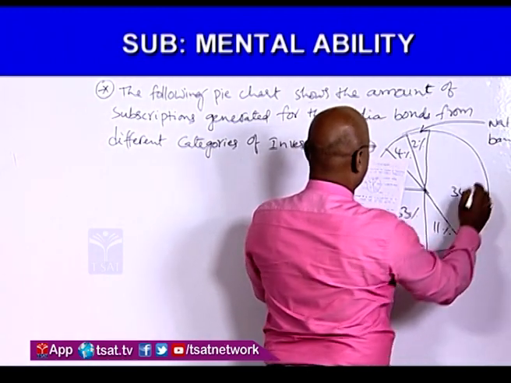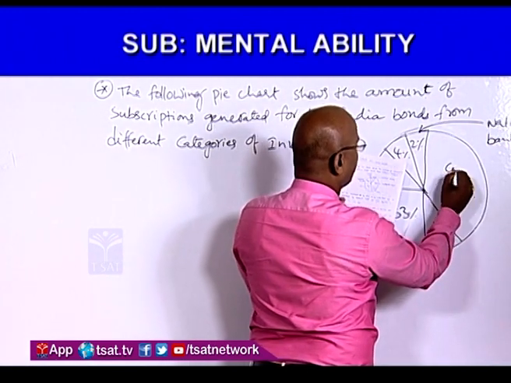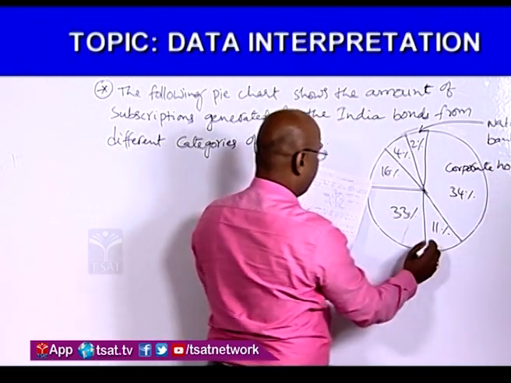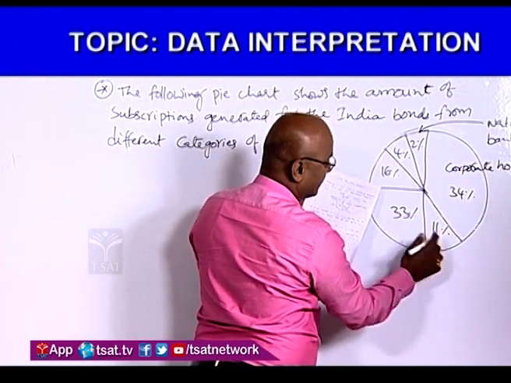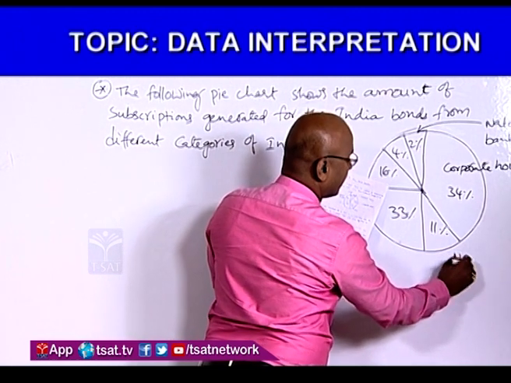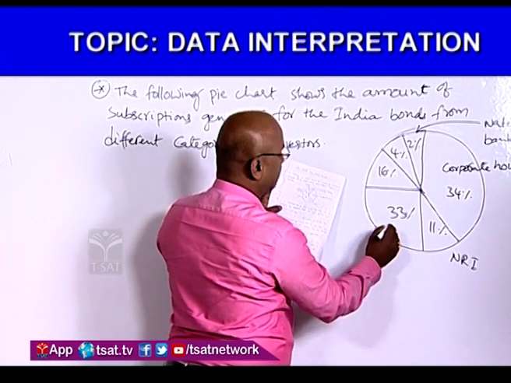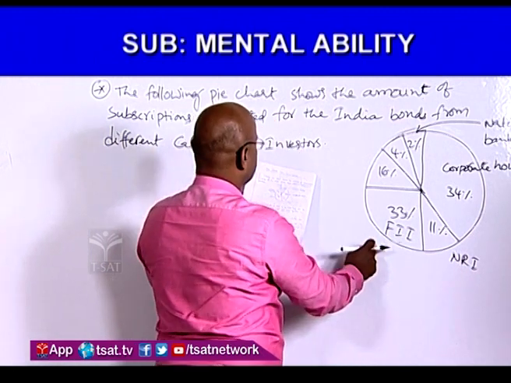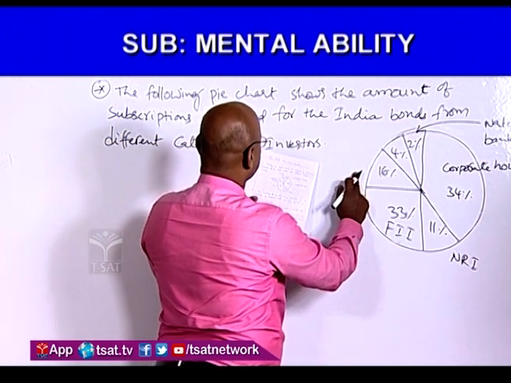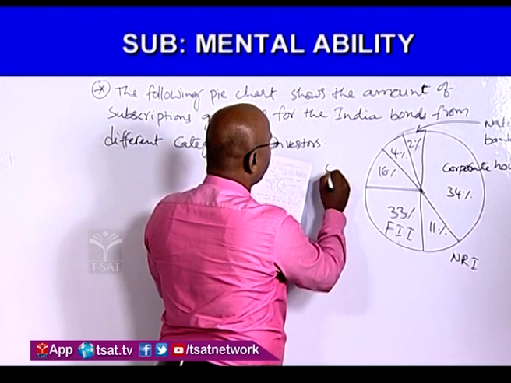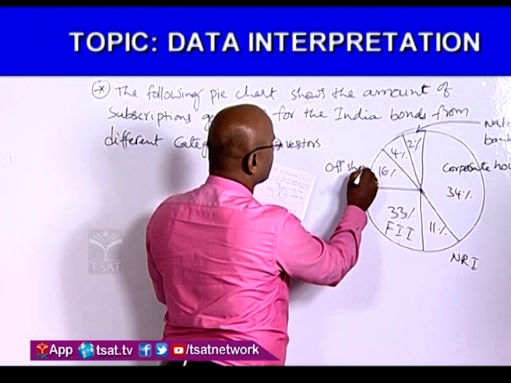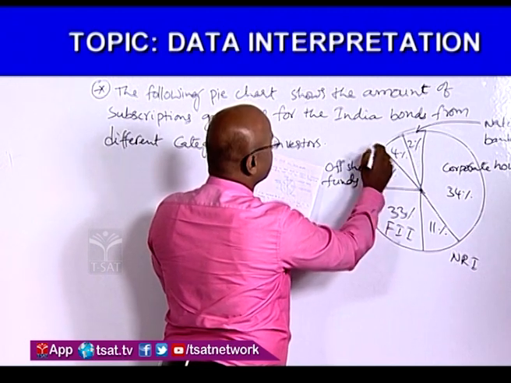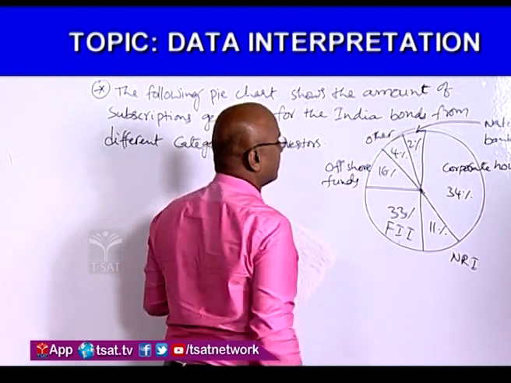National banks 2%, corporate house 34%, and 11% is raised from NRIs, 33% from foreign institutional investors, FIIs, and 16% is raised from offshore funds, and 4% is raised from other resources.